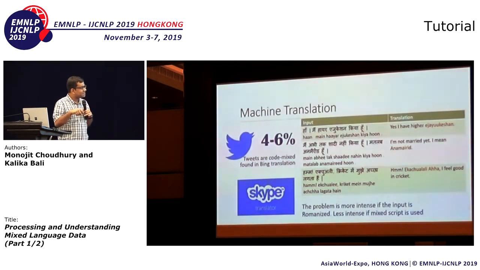But it is less intense if mixed script is used. The words which are in English, you write in English, and the ones which are in Devanagari, you write in Hindi script, Devanagari script, then it's easy.